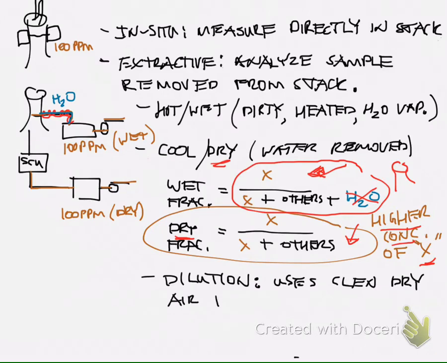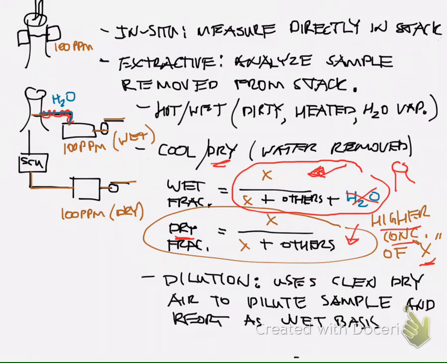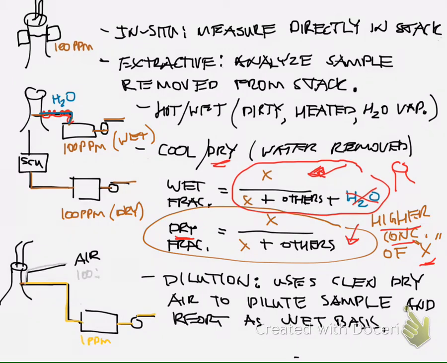We need to state if it's a wet measurement at 100 ppm or a dry measurement at 100 ppm, because with the dry measurement, the one in the stack is actually going to be a lower concentration, right? Because this one here is a higher concentration, which means in the stack it was a lower concentration because we removed the water.